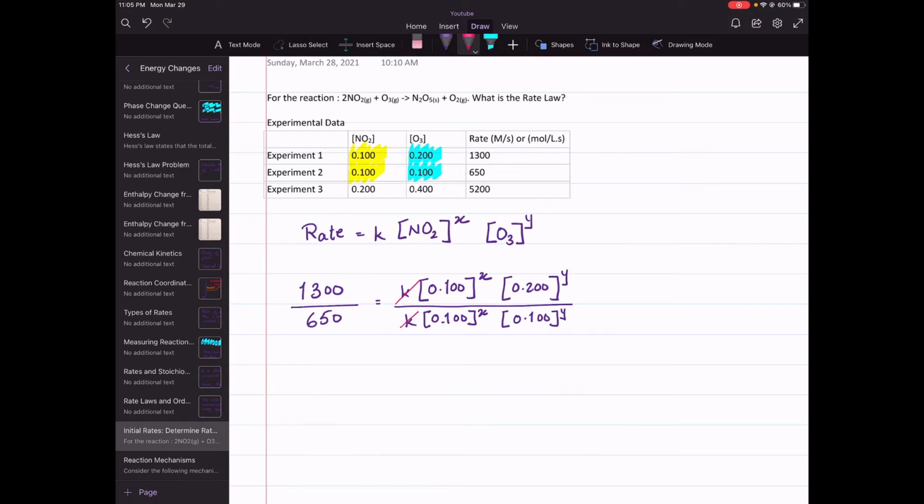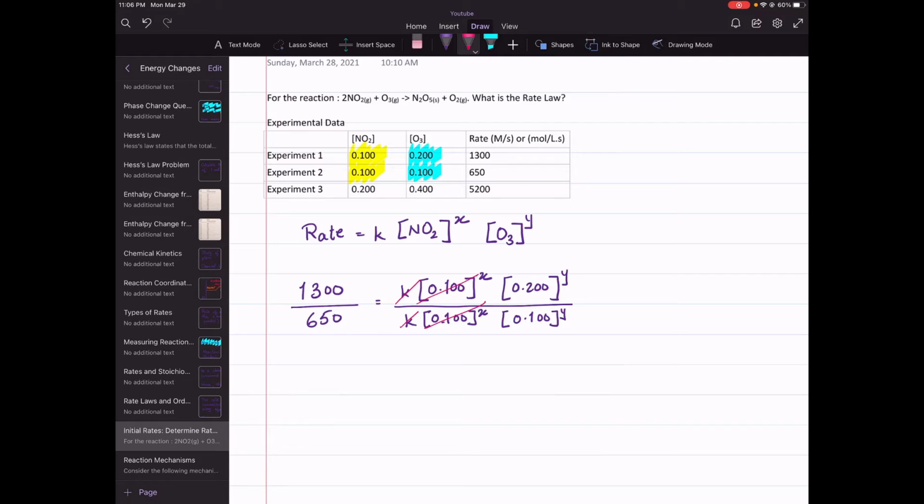The 0.100 to the power of x is also cancelled out because that's on the top and the bottom. And what we have left over is 1300 over 650 is equal to 0.200 to the power of y divided by 0.100 to the power of y.